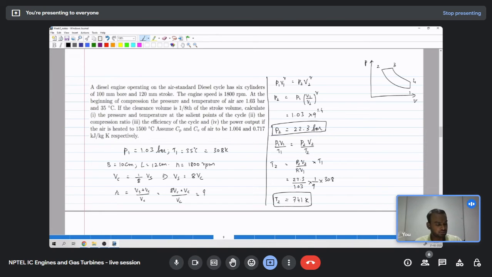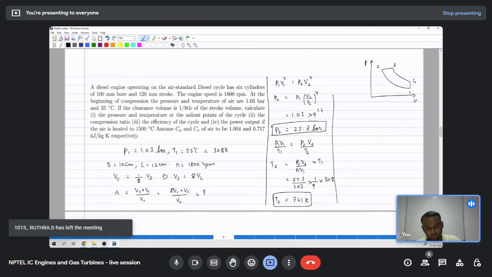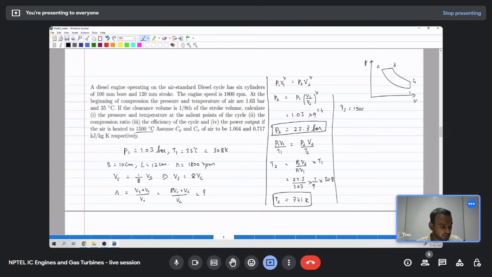This is the temperature and pressure at the end of compression stroke. We are told that the air is heated to 1500 degrees Celsius. So T3 is given as 1500 degrees Celsius, which is 1773 Kelvin.